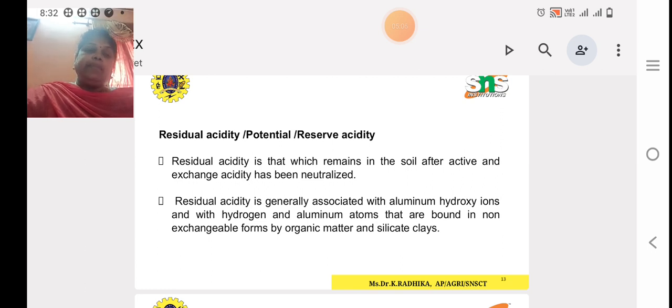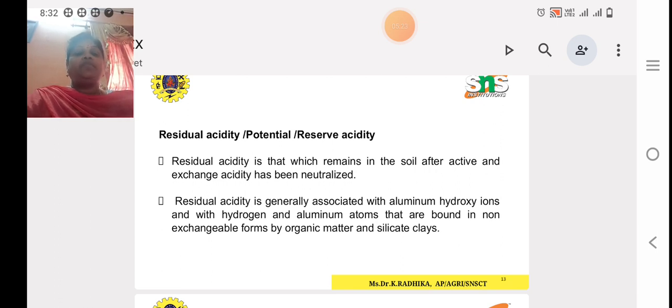So this occurs as residual acidity, potential acidity, or reserve acidity.